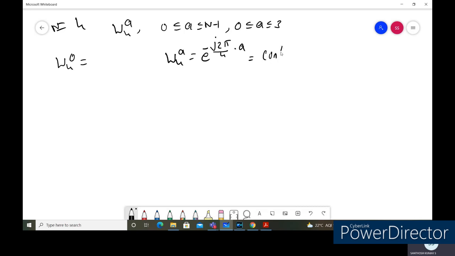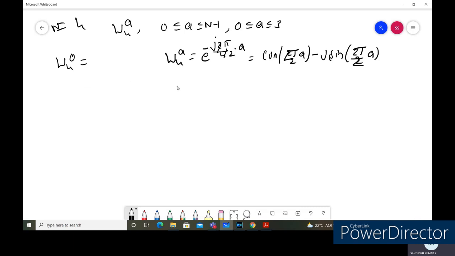This we can express as cos 2 pi by 4 a; the 2 and 2 will get cancelled, so it is cos pi by 2 a minus j sine pi by 2 a. Let us substitute the values and find the Twiddle factor values here.